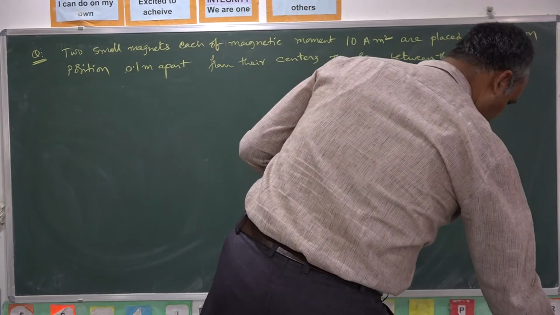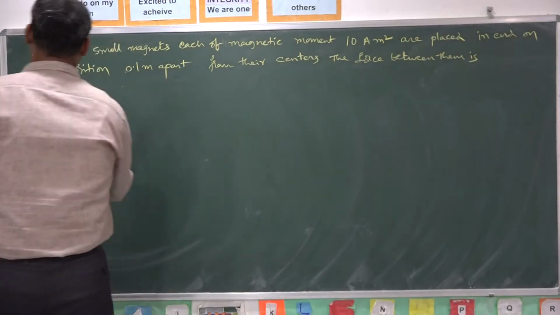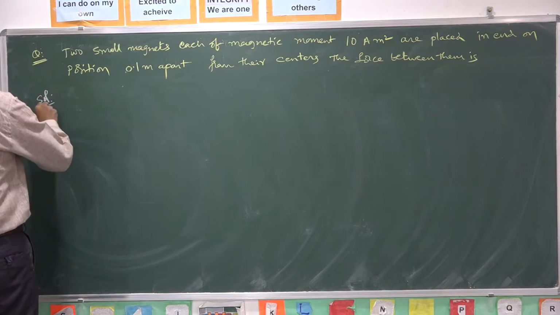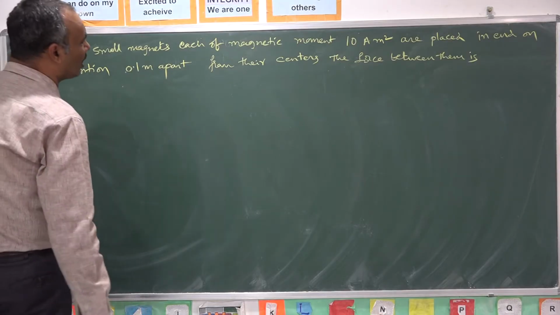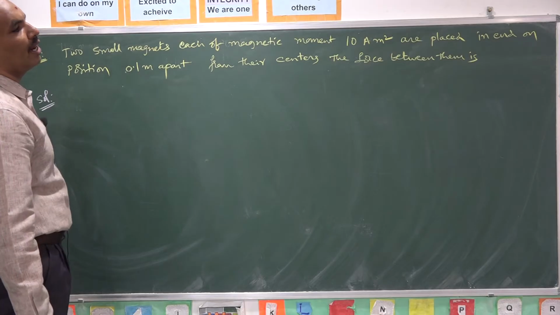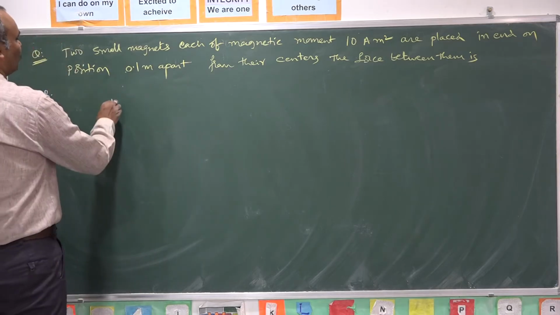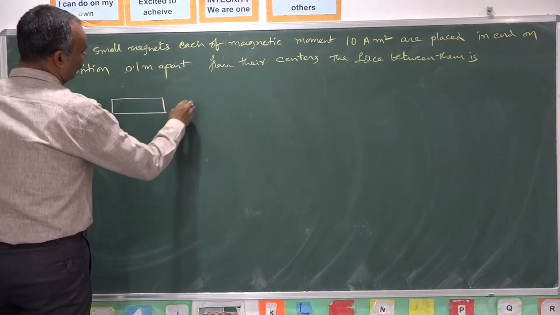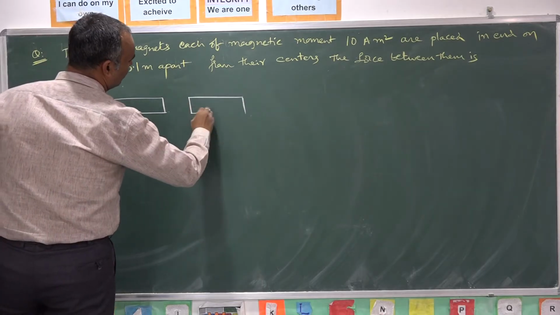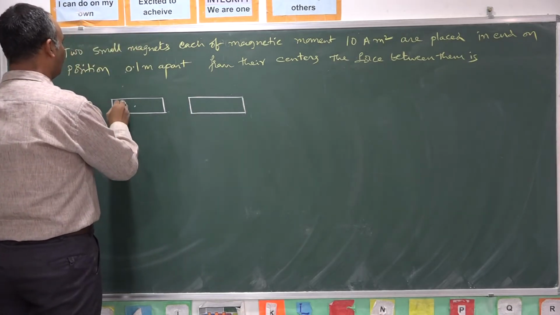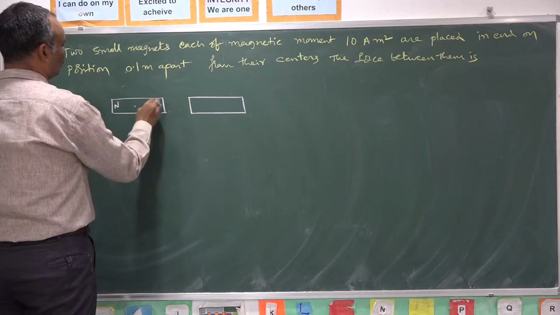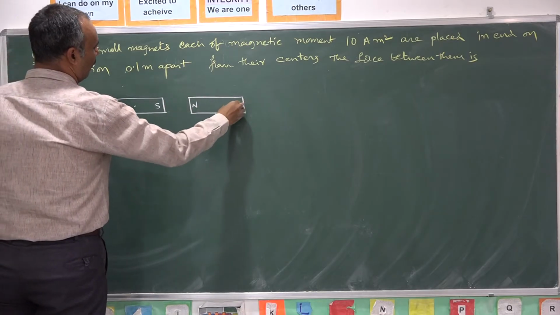Solution. First of all, let us understand the question. Two small magnets, each of magnetic moment 10 ampere meter square, are placed in end-on position 0.1 meter apart from their centers. So this is one bar magnet, this is another bar magnet, north, south.